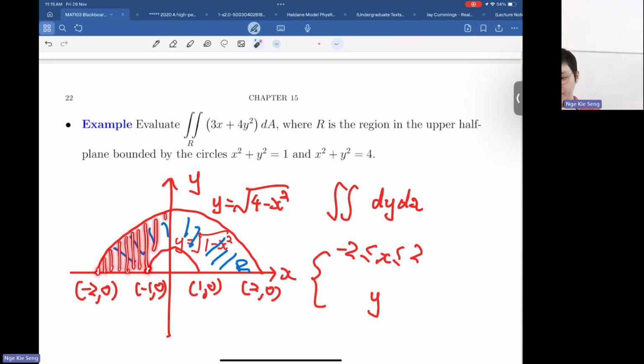It changes by the smaller circle, so the lower part is bounded by the smaller circle. And then you move again, and it is bounded below by y equals 0. So how do we split this out? We should split our x into 3 parts. 2 parts or 3 parts? 3 parts.